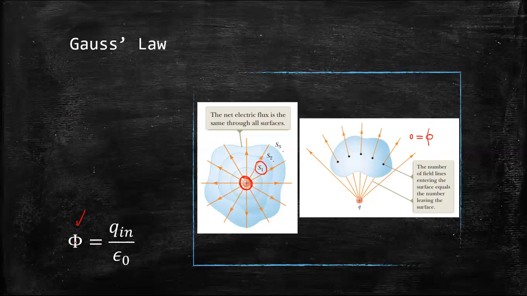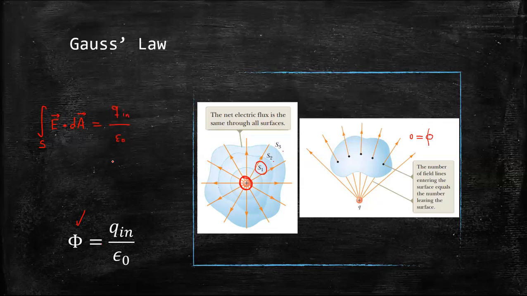So let's just remember here that the flux is represented by the integral over a certain surface of the field dot product with the differential of area, and this is equal to the charge enclosed in the surface divided by epsilon 0.